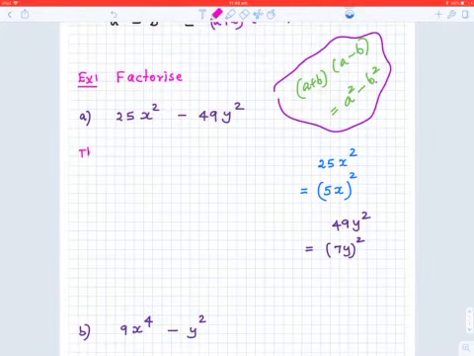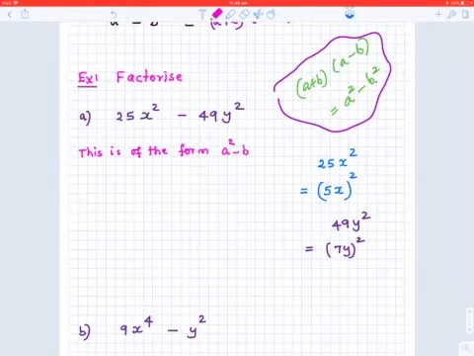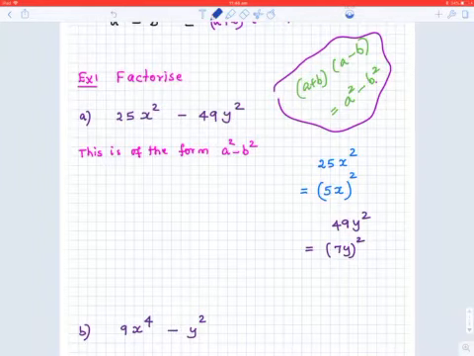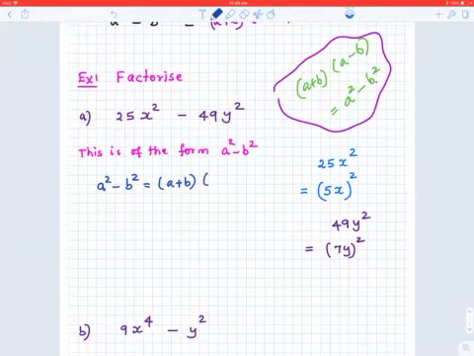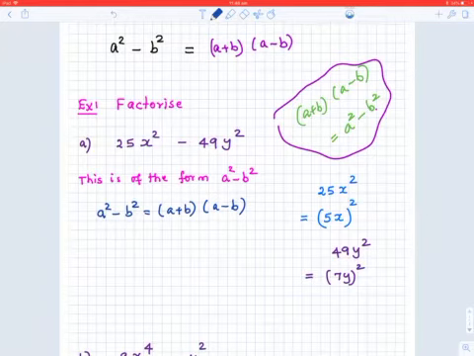So this question is of the form a squared minus b squared. We just knew a squared minus b squared can be written as a plus b times a minus b.